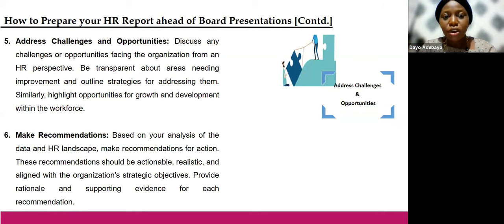Discuss any challenges and opportunities facing the organization from an HR perspective. Be transparent about areas needing improvement and outline strategies for addressing them. Also show opportunities for growth and development within the organization. It's very, very important to see what the opportunity for growth is.